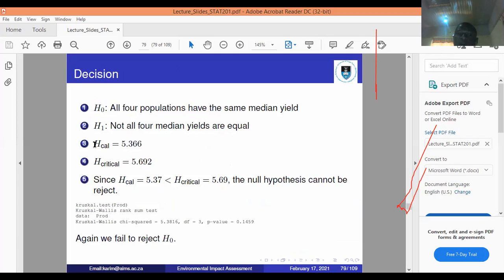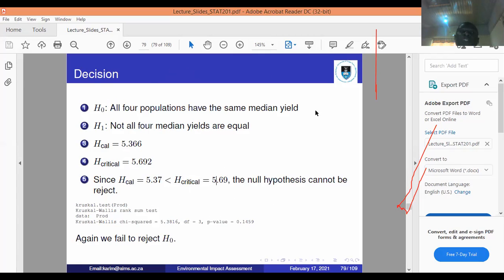Our H calculated is 5.36, our critical is 5.69. Since the H calculated, which is 5.37, is less than the critical value, which is 5.69, the null hypothesis cannot be rejected. We cannot reject the null hypothesis. So that means we accept the null hypothesis and say that the median yields are the same.